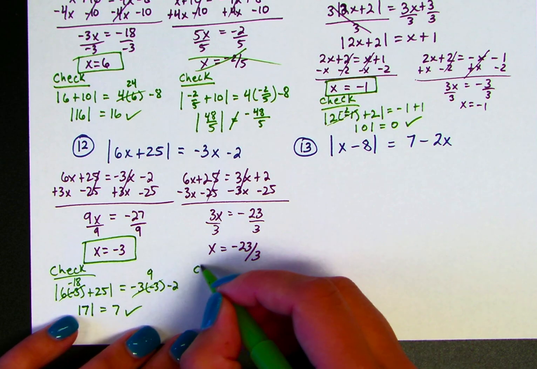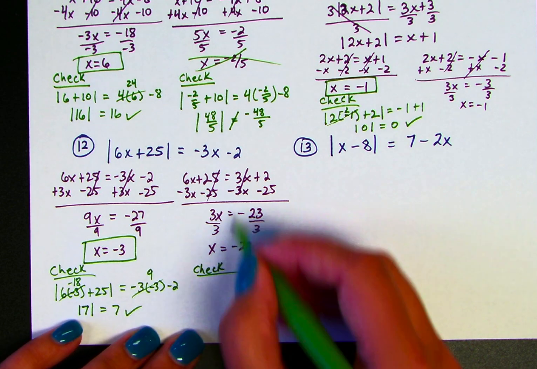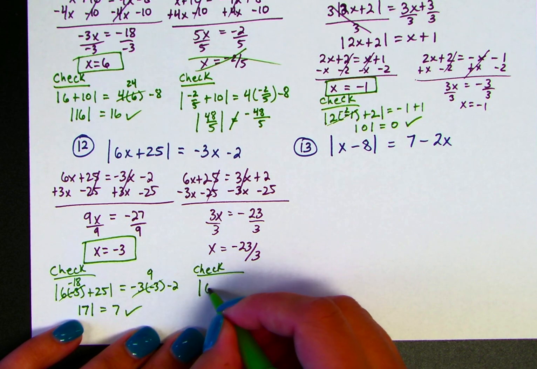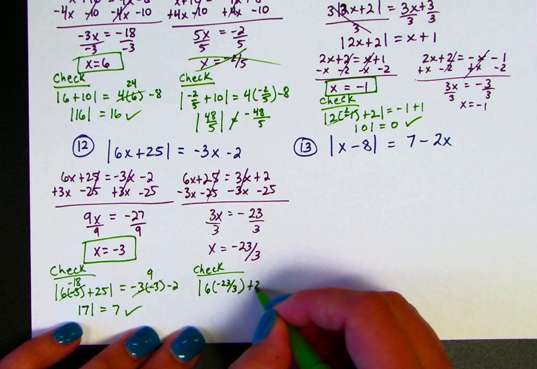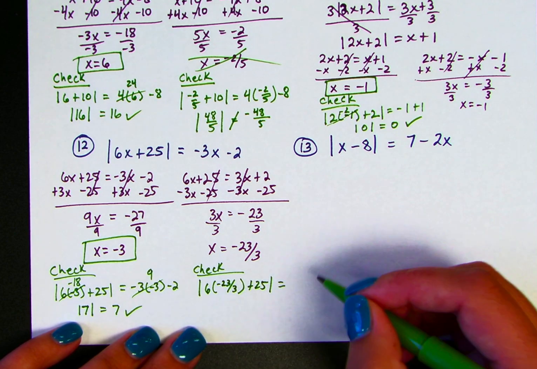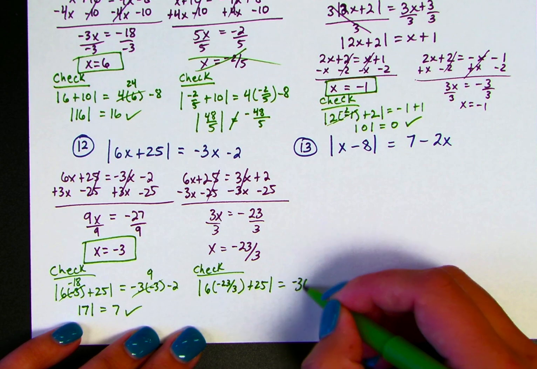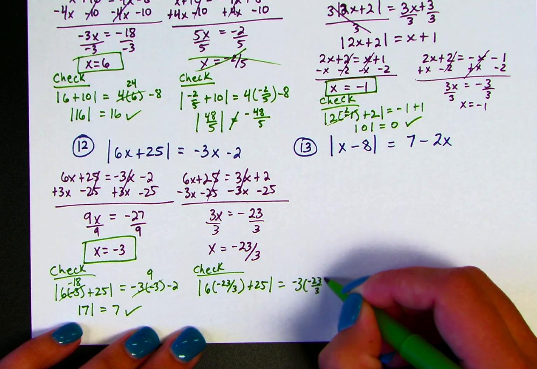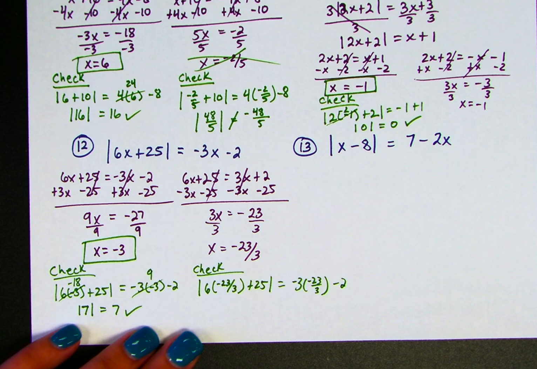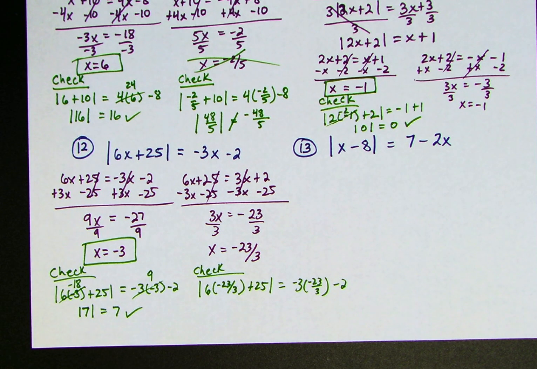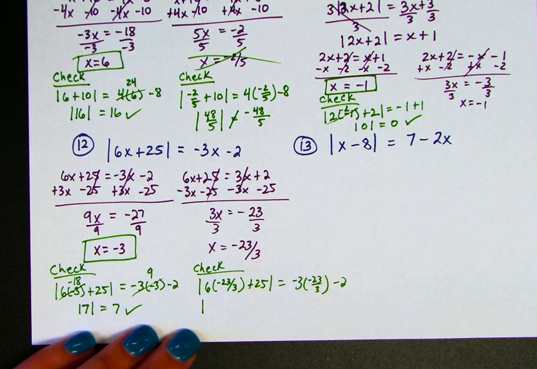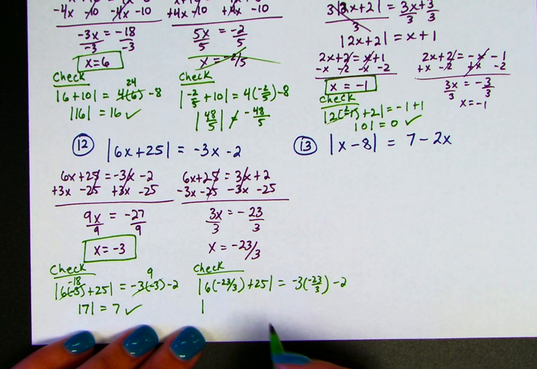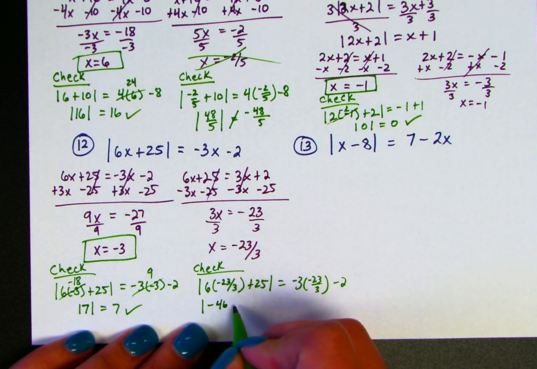And checking my second one. So this will be 6 times -23 thirds plus 25 equals -3 times -23 thirds minus 2. All right, so let's see, if we take 6 times -23 thirds, that is going to give us -46 plus 25.